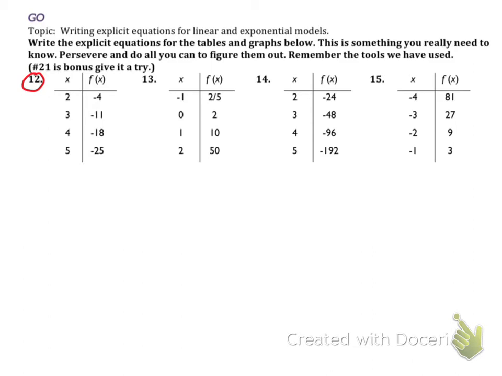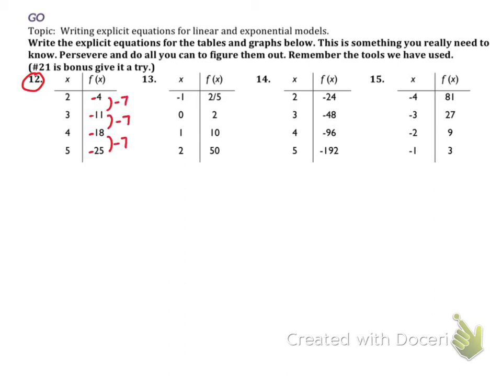So very first thing, you need to identify actually what kind of pattern that is. So I see negative 4 here, negative 11, negative 18, negative 25. I see the values are kind of getting smaller, and is there a constant difference every time? Yes, I do see it's going down by negative 7.